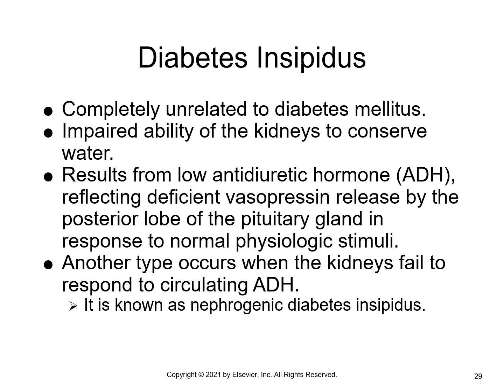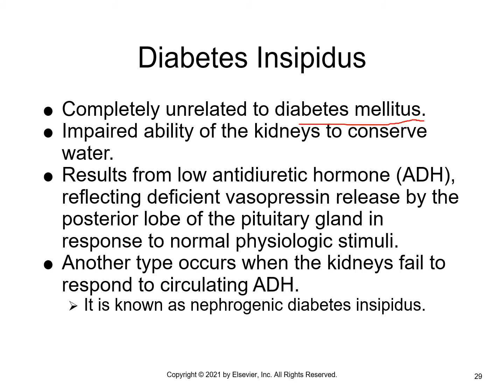Diabetes insipidus, as I mentioned, is completely unrelated to diabetes mellitus, which is related to our blood sugars. With diabetes insipidus, it is an impaired ability of the kidneys to conserve water. That's because we have a low release of antidiuretic hormone, and that antidiuretic hormone does not allow for the kidneys to pull a lot of the fluid out of the primary urine produced in the nephrons before excreting the urine.